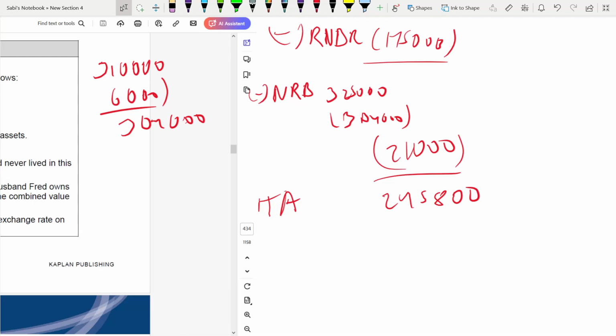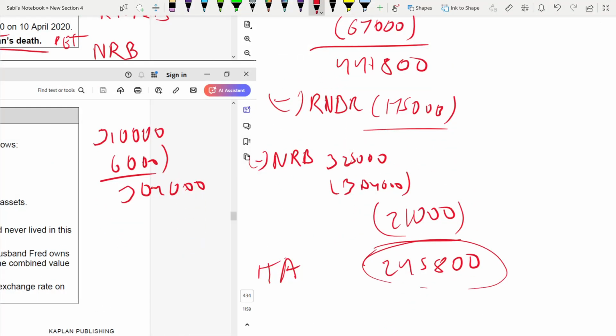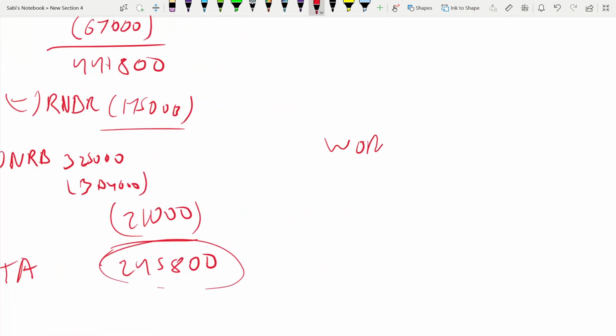Now we have to calculate the baseline amount. So now, remember, what is the taxable amount? This is the taxable amount. We'll do the working side by side here. We are calculating the baseline amount. So the taxable amount, 245,800.